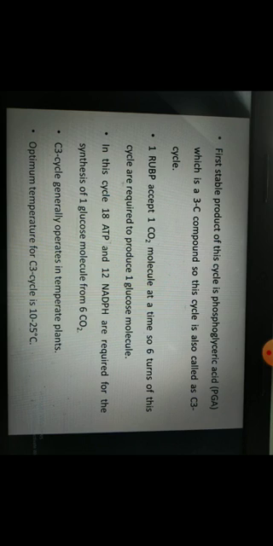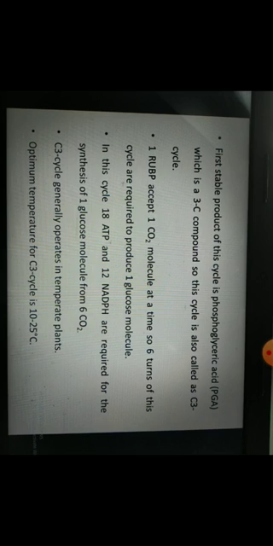So 6 turns of this cycle are required for the generation of 1 glucose molecule. This cycle requires 18 ATP and 12 NADPH2 molecules for the synthesis of 1 glucose molecule. Both ATP and NADPH are obtained from the light reaction.